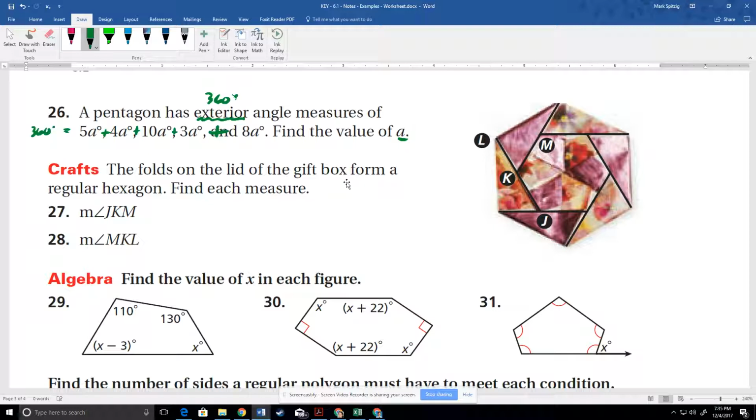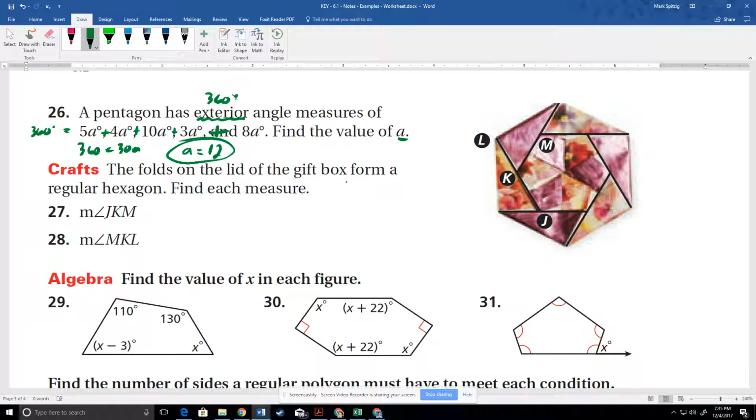So let's see, we got 9, 20, 30A, I think. So we got 360 equals 30A. And so A is just going to be 360 divided by 30. It's just going to be 12, which is what it asked for.